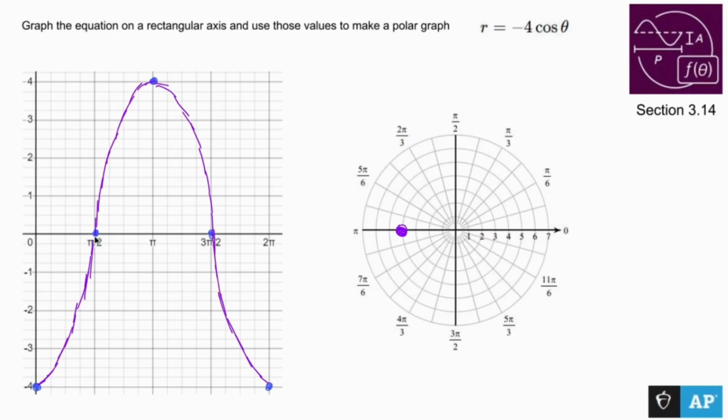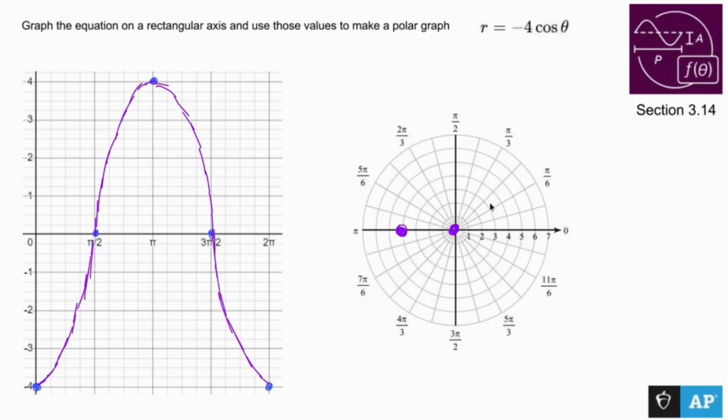Now, at pi over 2, which is right here, I'm at 0. What's important to understand is that as I spin around, I'm supposed to be going towards that pole of 0. So I'm right here, and keep in mind, I'm going backwards.